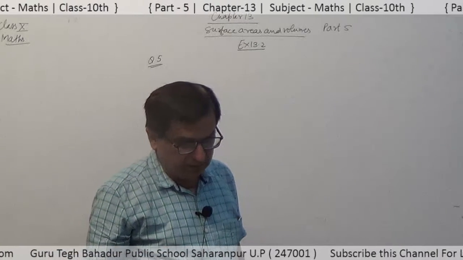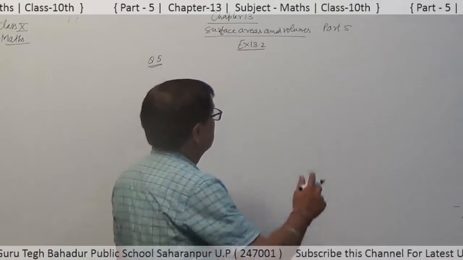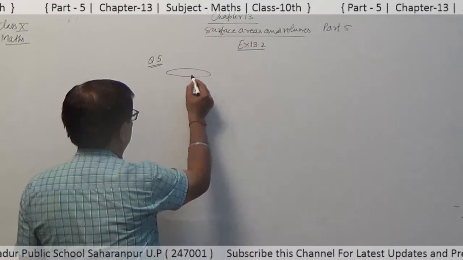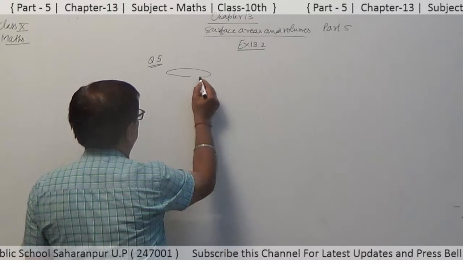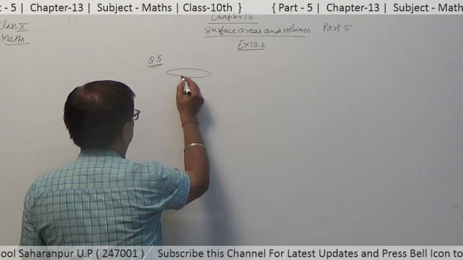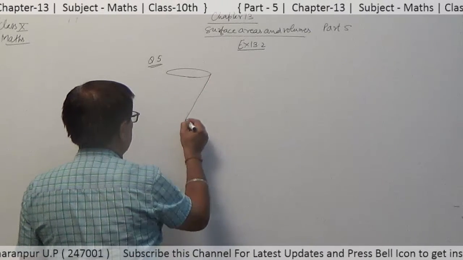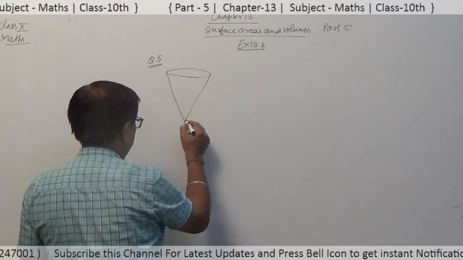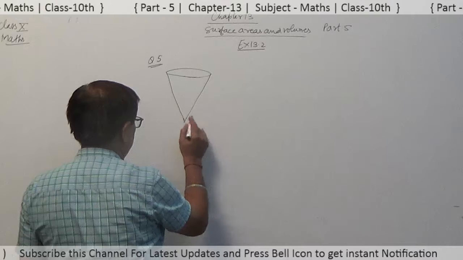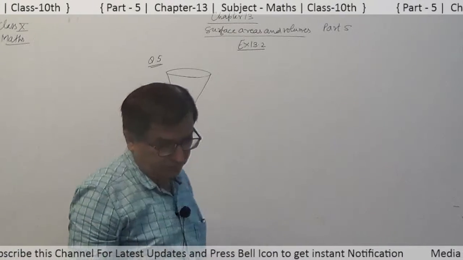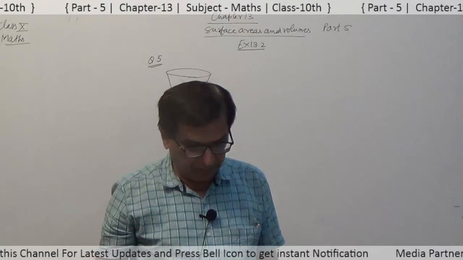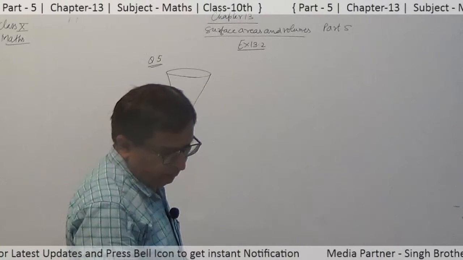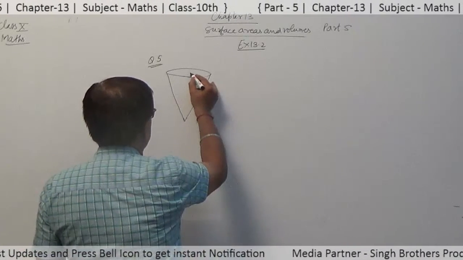A vessel is in the form of an inverted cone. This is your inverted cone. Its height is 8 centimeters, and the radius of the top, which is open, is 5 centimeters.